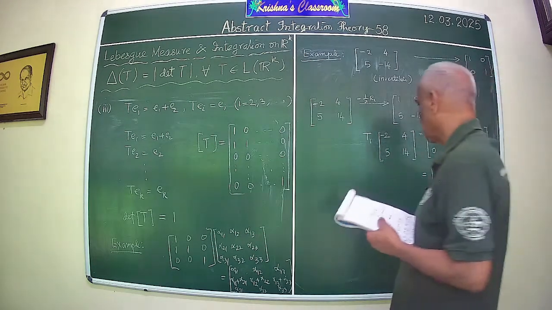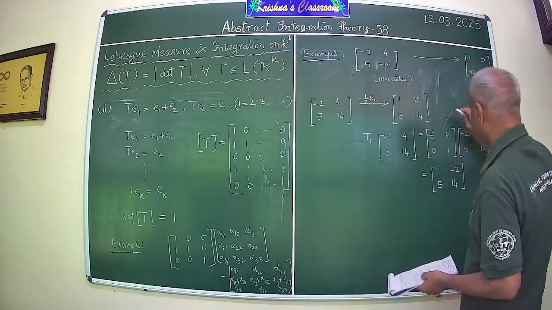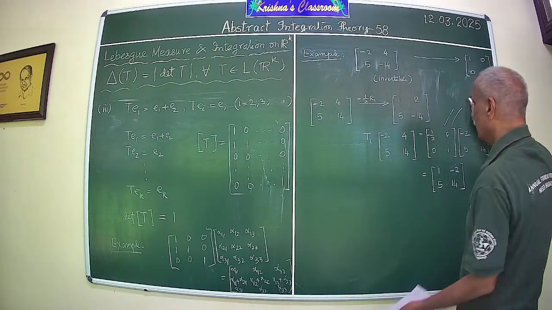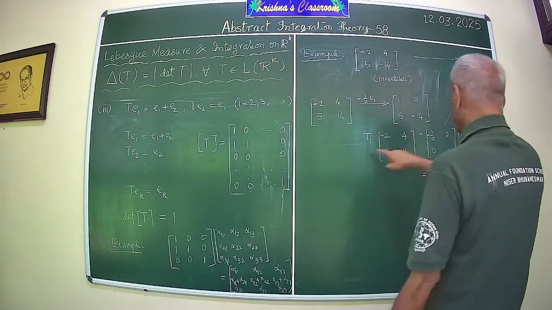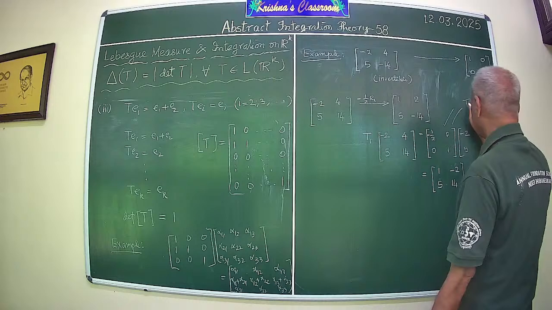This is the matrix. So you are effectively multiplying this matrix and you call this something. So this is what you get as the matrix of T.